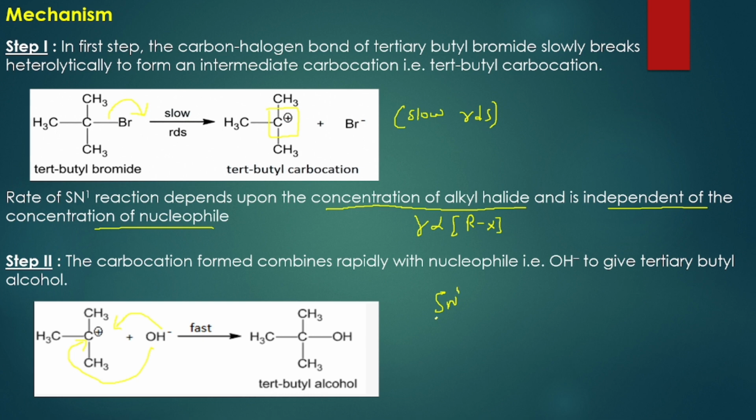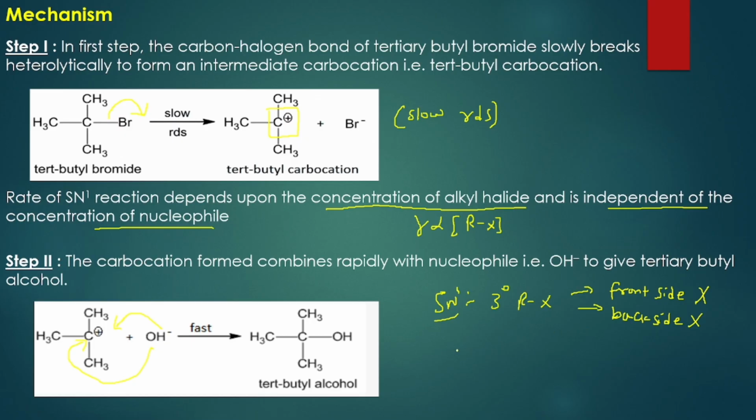So remember, always, generally, at a glance: the SN1 reaction is given by tertiary alkyl halide. In tertiary alkyl halide there is no possibility of front side attack, because of repulsion. Back side attack is also not possible because of bulky groups.